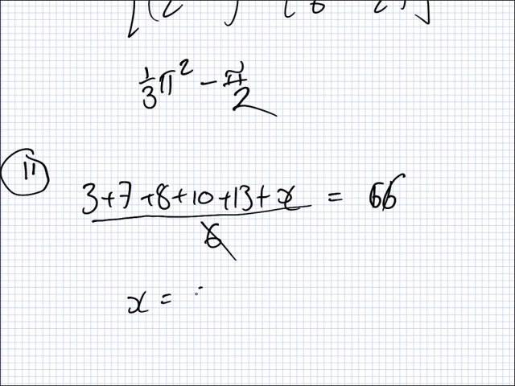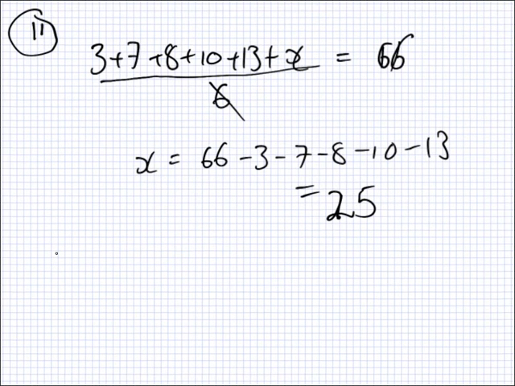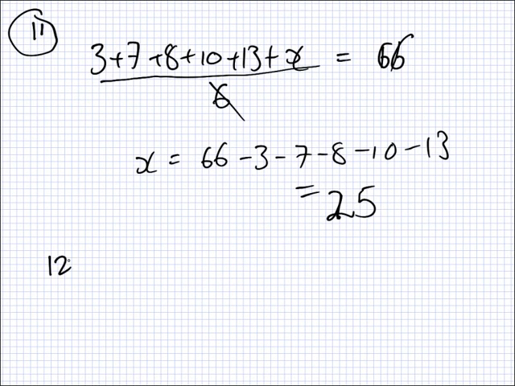So x will be 66 minus 3 minus 7 minus 8 minus 10 minus 13, which is 25. Oh, I thought that was too easy for 4 marks.